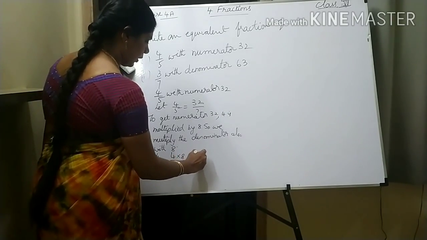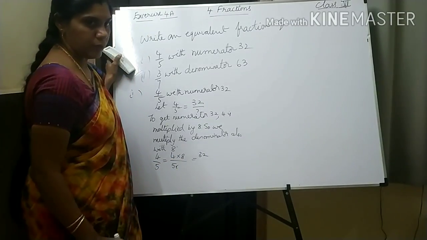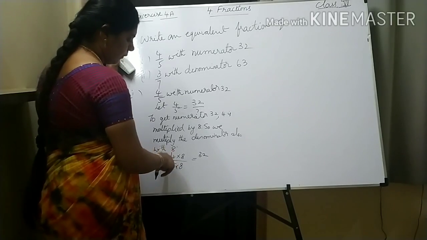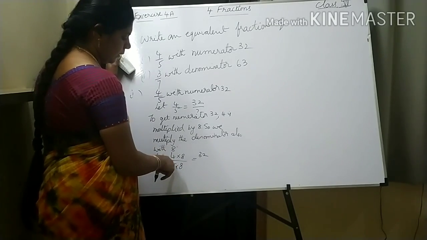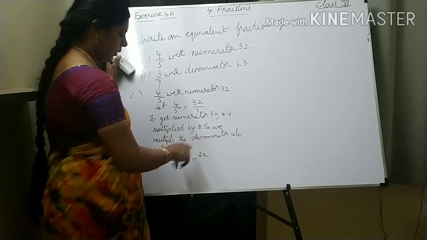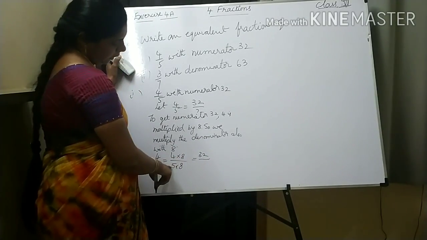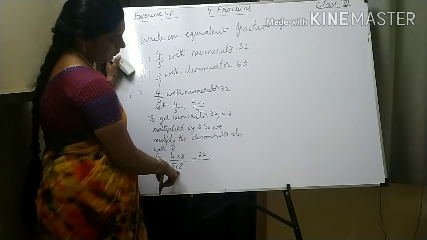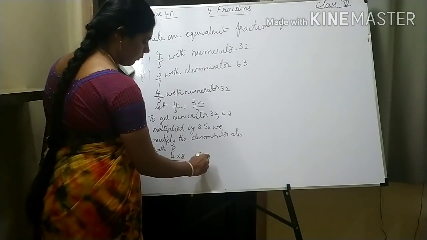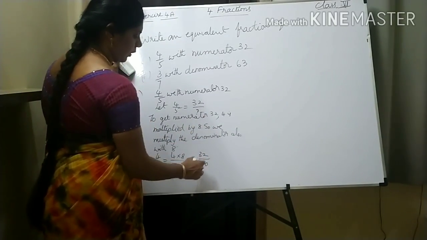Now see, 4 by 5 is equal to, 4 into 8 we are doing, so to get 32. So you have to multiply this denominator 5 also with 8 only. Both numerator and denominator we have to multiply with the same number only. So by using that rule, I am also multiplying the denominator with the same number, that is 8. So 5 8s are 40. Now the missing number here is 40.